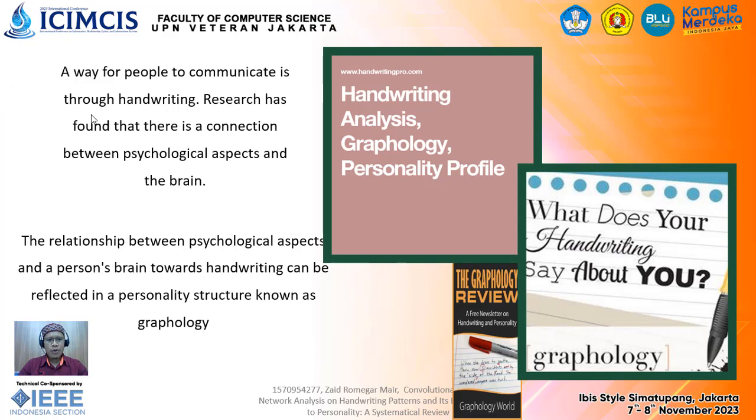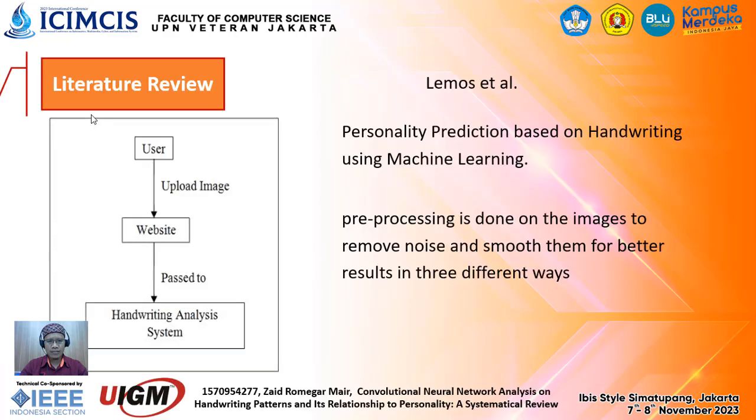Research has found that there are connections between psychological aspects and the brain. The relationship between psychological aspects and a person's brain toward handwriting can be reflected in personality structure known as graphology.